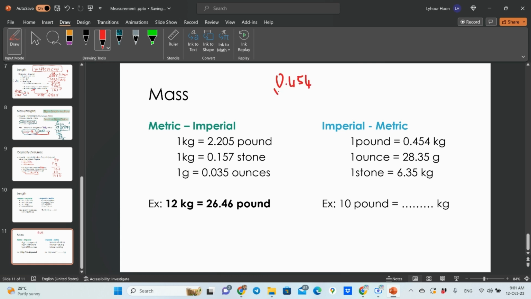Times 10. 04.540. Wait, what is your answer? 5, 04.540. Okay, that's correct.